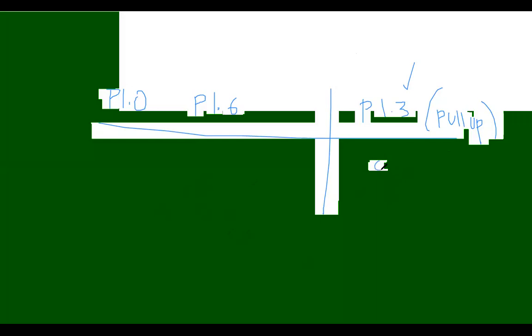When it is 0, the switch is on. We say the switch is on because it is pulled up. When the switch is reading 1, when will you read 1? Sorry. So this is off, am I right? This is off.